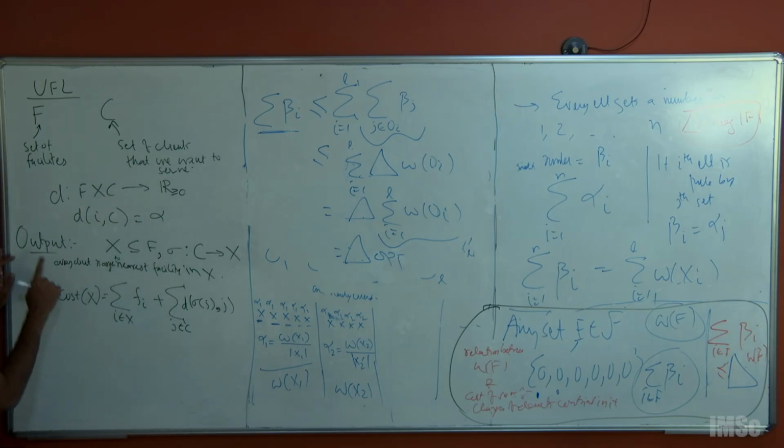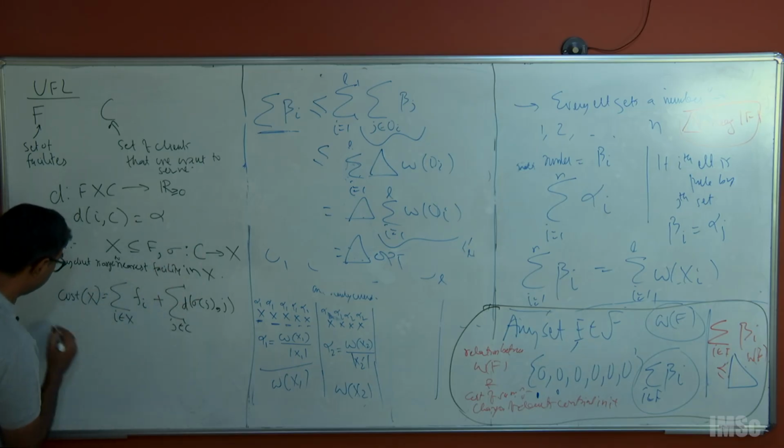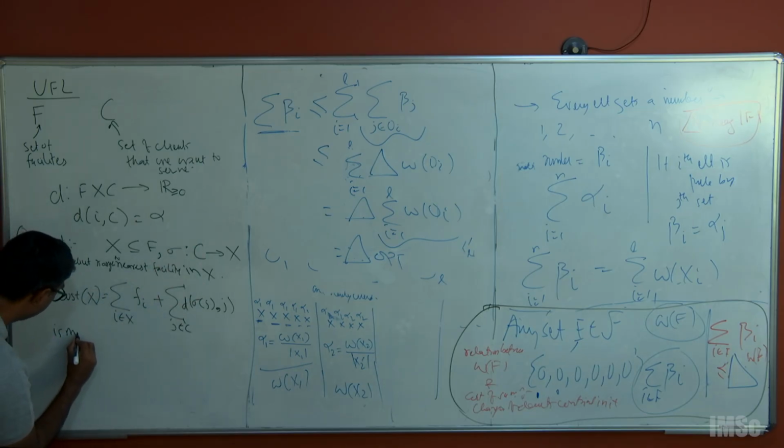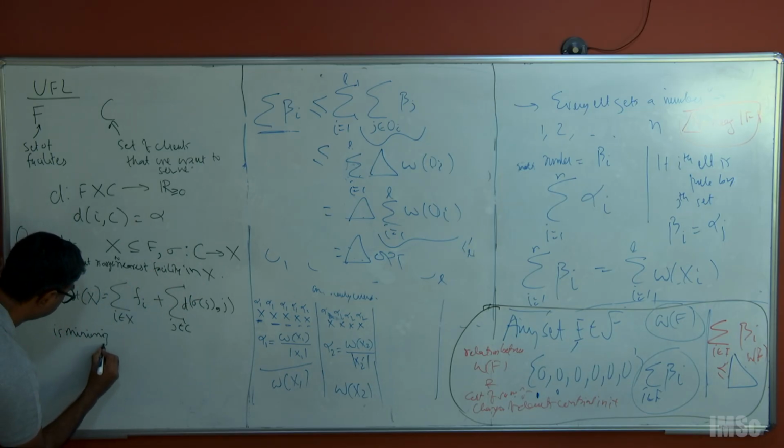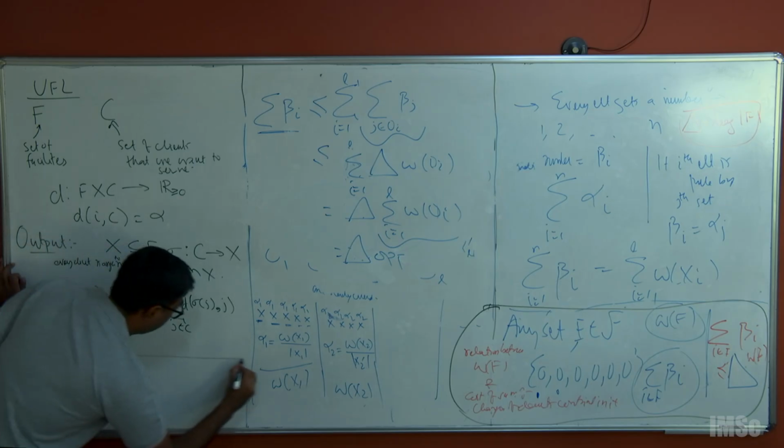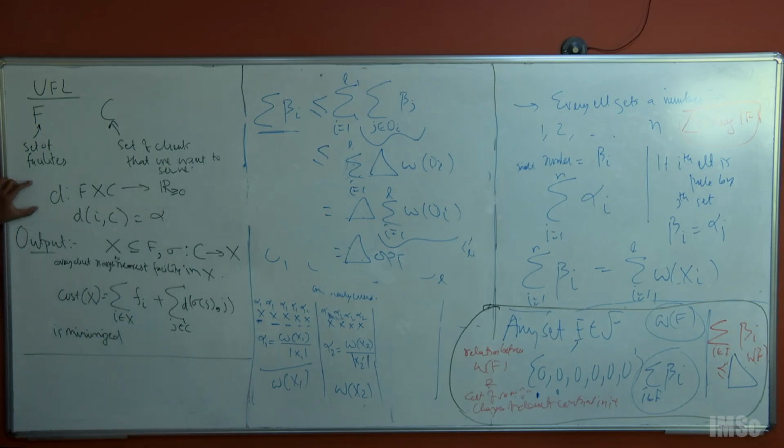So I want to output X such that the cost of X is minimized.